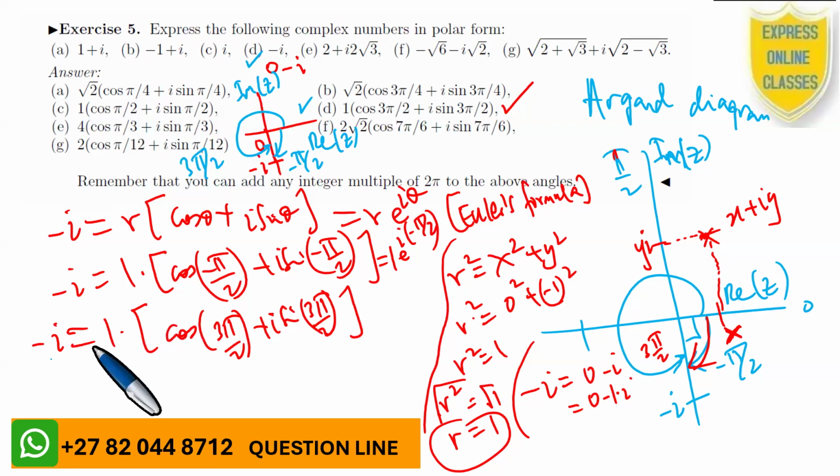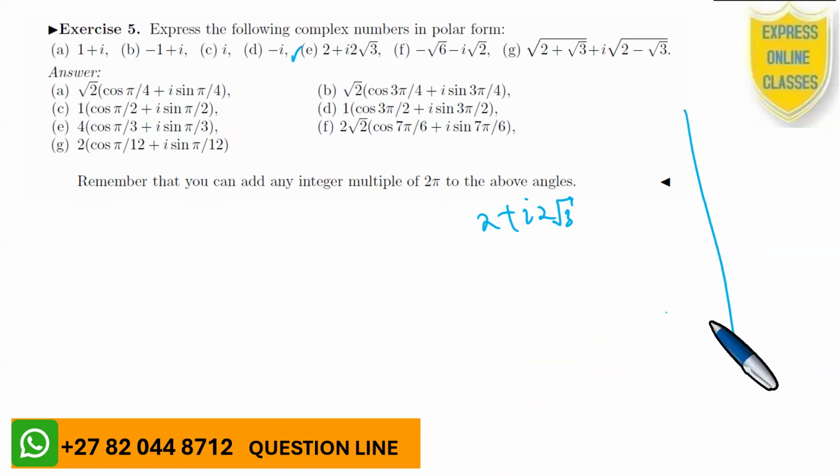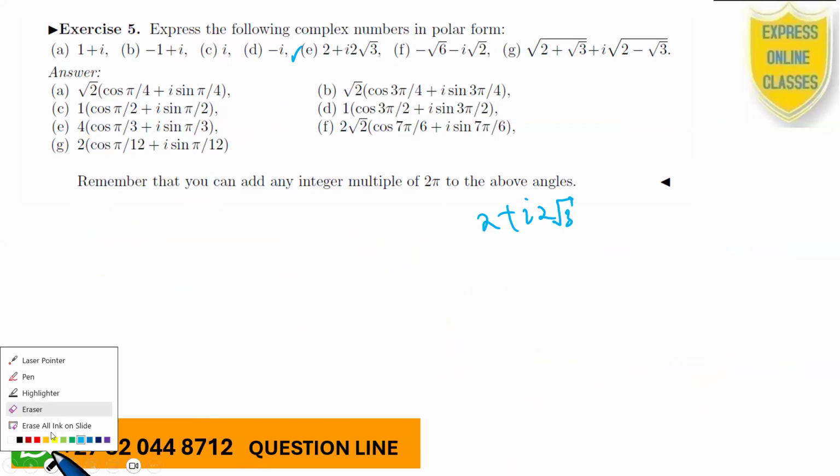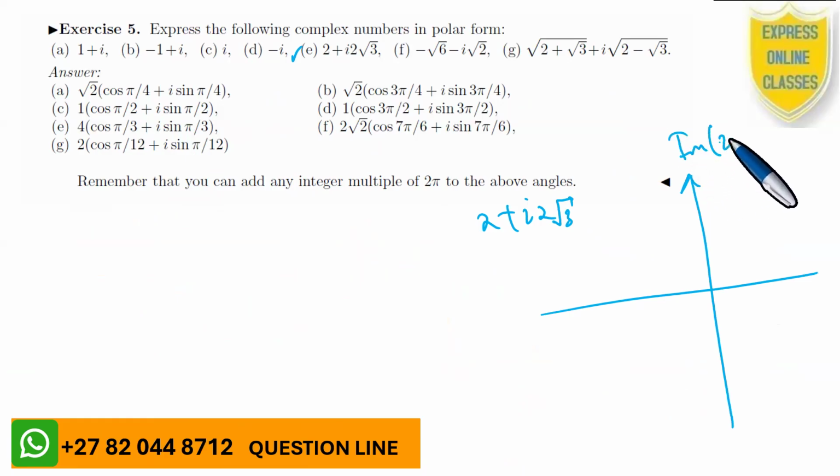Right, let's look at the letter E. 2 plus i, 2 times the square root of 3. Imagine that real z.